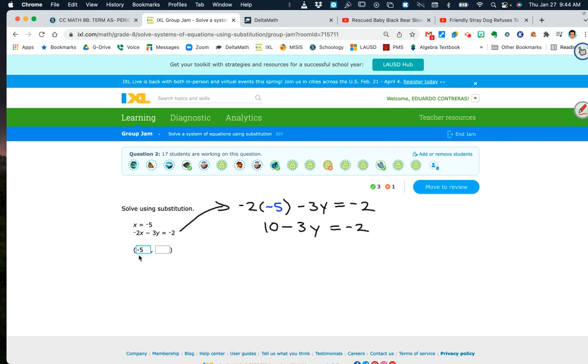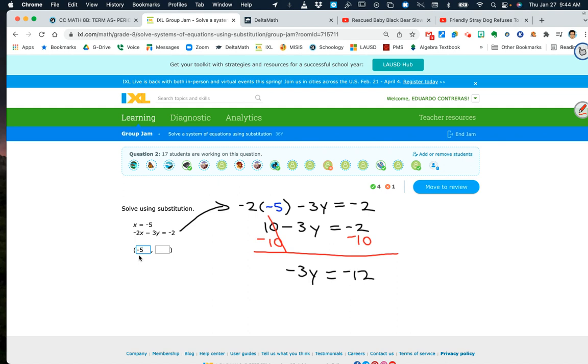Let's get rid of that 10. What gets rid of a 10? Negative 10. Cancel this out. I have minus 3y, so it comes down as negative 3y equals negative 2 and negative 10 is negative 12.